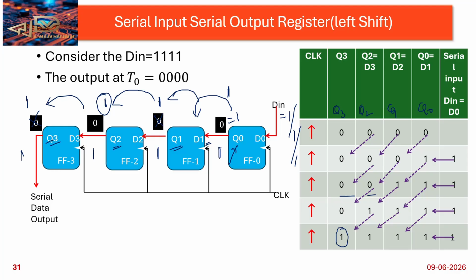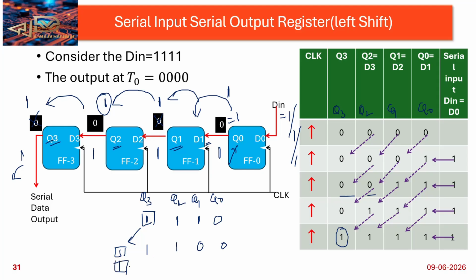Then I need to get all the outputs serially. So another clock signal will give that. Then Q3, Q2, Q1 and Q0: Q3 is 1, Q2 is 1, Q1 is 1, Q0 will be 0. And again this output will come out, then 1 0 0.